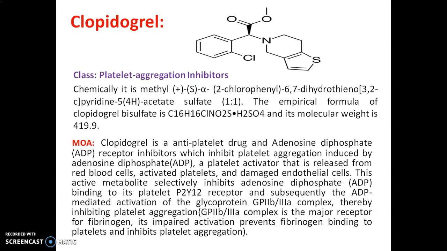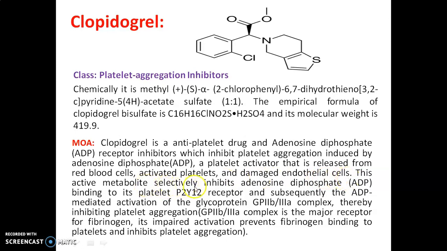Clopidogrel is a thienopyridine that causes irreversible inhibition of the P2Y12 receptor. Clopidogrel, ticlopidine or prasugrel are prodrugs which need to be converted into the active metabolite in vivo to inhibit the P2Y12 receptors. So generally clopidogrel is an antiplatelet drug, an adenosine diphosphate receptor inhibitor which inhibits platelet aggregation induced by ADP, a platelet activator released from red blood cells, activated platelets and damaged endothelial cells.